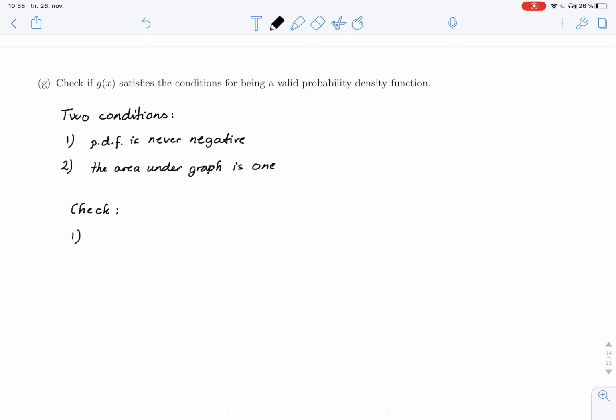So the first one, g of x is always larger or equal to 0. If we go back to our function, we see that we have this threefold definition. So it's okay when x is less than minus pi or larger than pi, because then we get 0, which is not negative.